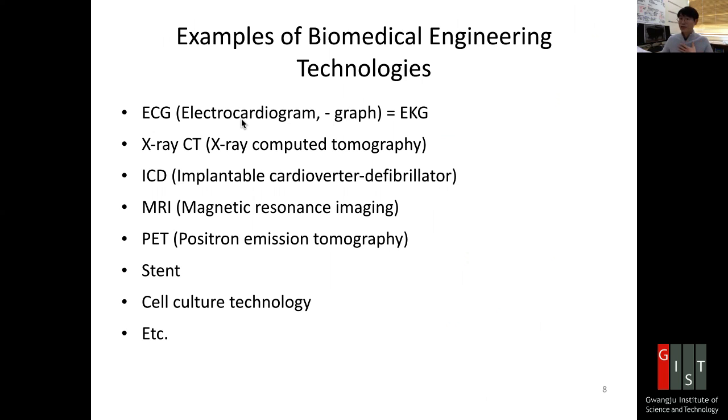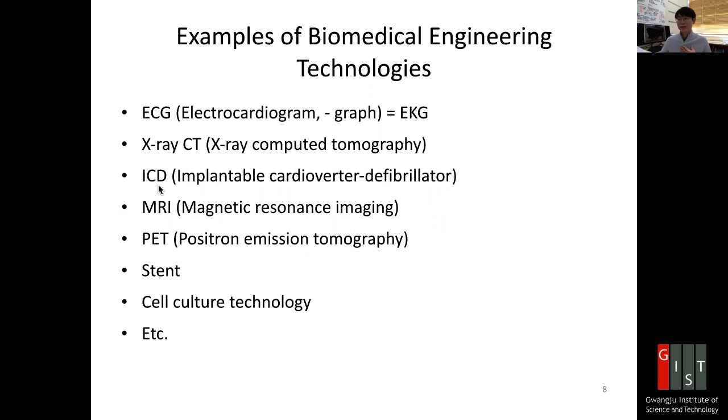So finding out the signal from the heart into graphical form, or we call it EKG as well. And X-ray CT stands for X-ray computed tomography, which allows us to see inside the body, the morphology or the anatomical features inside our body.